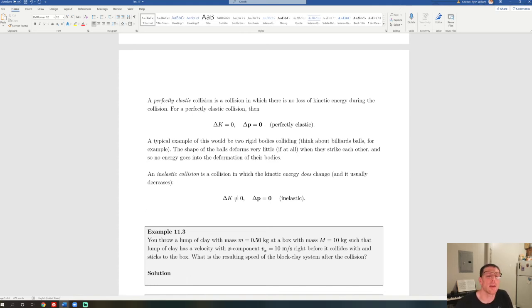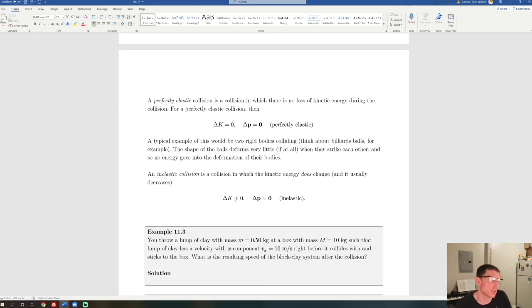And so I would say, just as a practical matter for strategizing, if you're looking at a problem and you're not sure whether to use conservation of energy or conservation of momentum, know that based on this, it seems like conservation of momentum is a little bit more general and likely to apply. And I think that is a good thing to keep in mind.